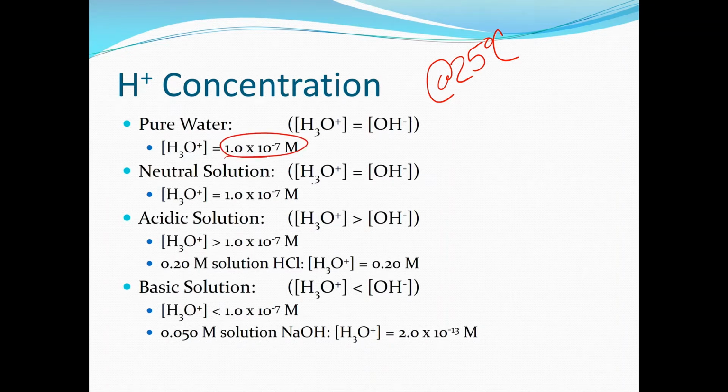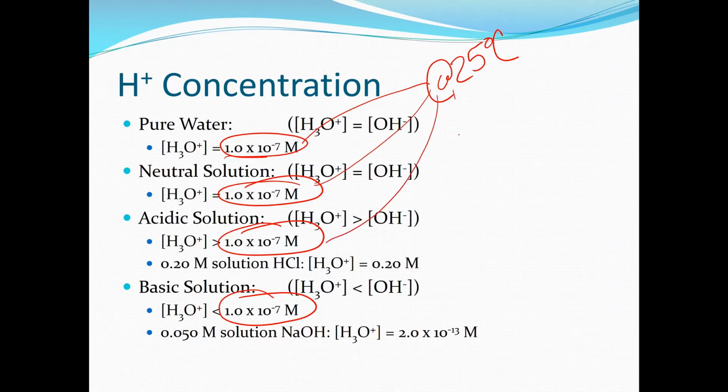These values that include a calculated amount, so this 1.0 times 10 to the negative 7th, these are the ones that are only true at 25 degrees Celsius. These definitions that we have in parentheses here, these are true no matter what. It's just we don't have a specific number to compare to unless we're doing it at some particular temperature.